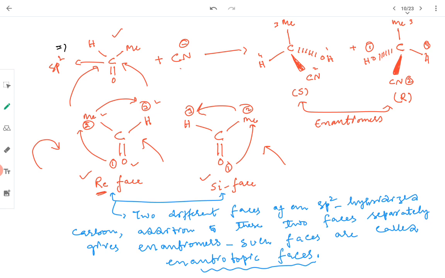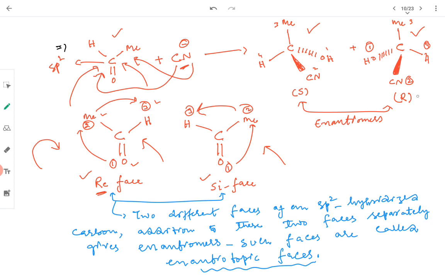When we treat them with HCN, suppose the CN ligand, it can attack this molecule from this phase, or it can attack from this phase. These are two different phases. When it attacks from one phase, it gives rise to this stereoisomer, and when it attacks from the other phase, it gives rise to this stereoisomer.